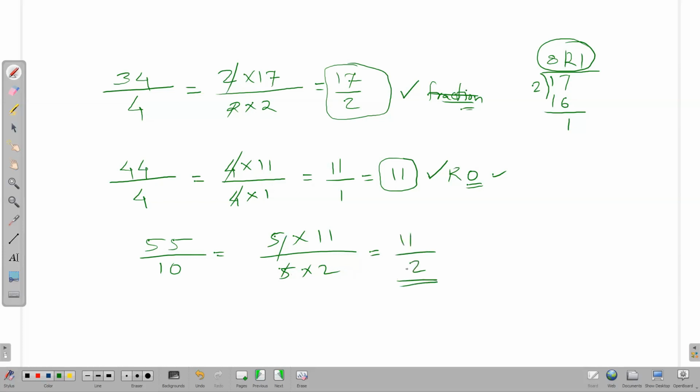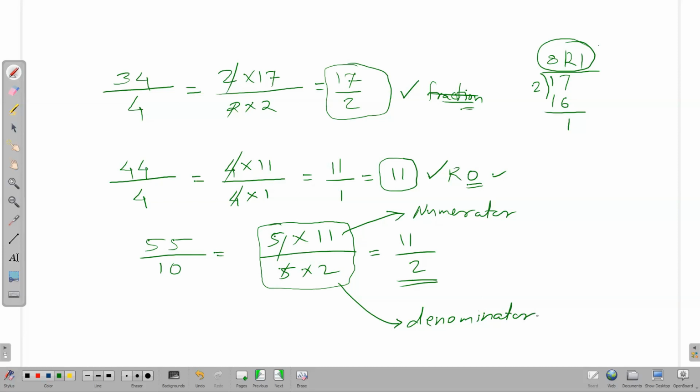Whenever you are writing something like this, you should always look at how you can cut up and down. This is called a numerator, and the number on the bottom is called the denominator. Numerator and denominator.